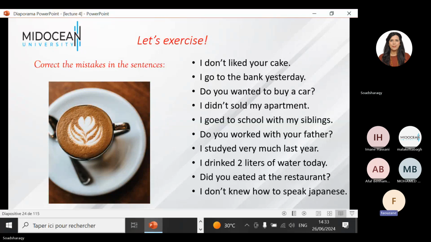"Do you work with your father?" Yes. So, do you work with your father? Okay. Next. "I studied very much last year." Correct. "I study very much last year." I studied. Okay. Correct the spelling here of the verb.